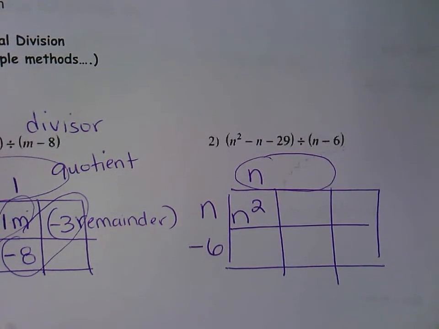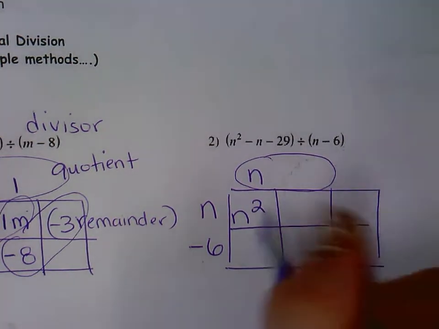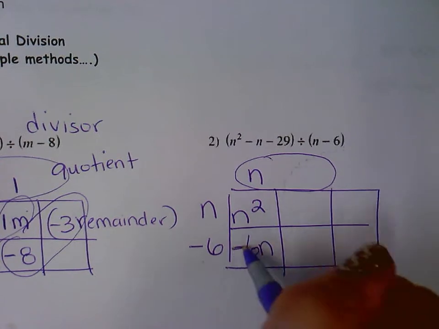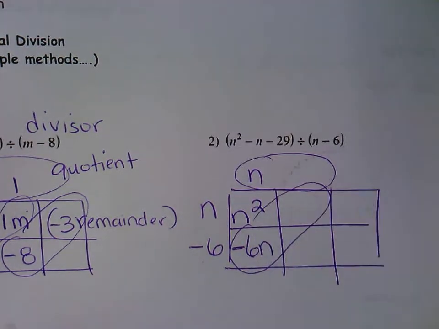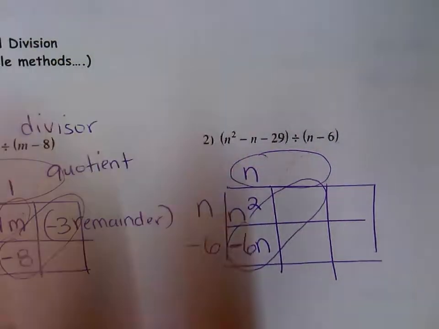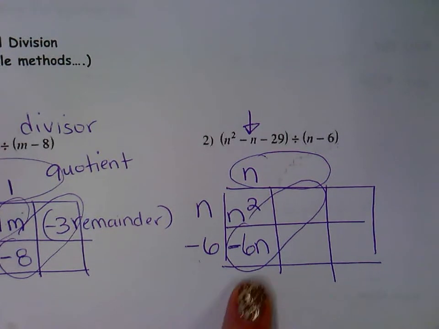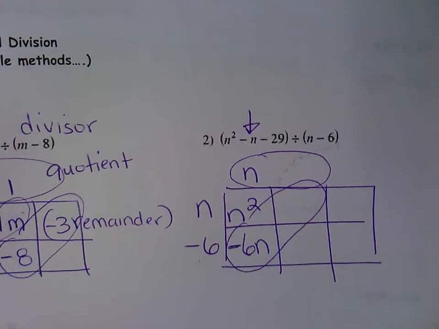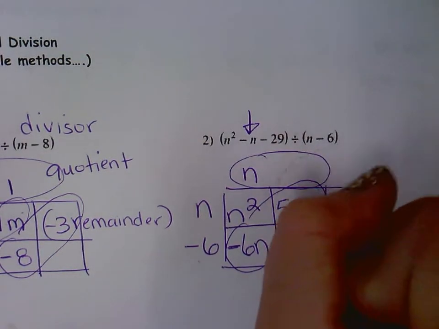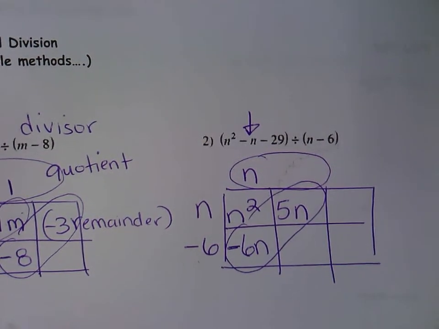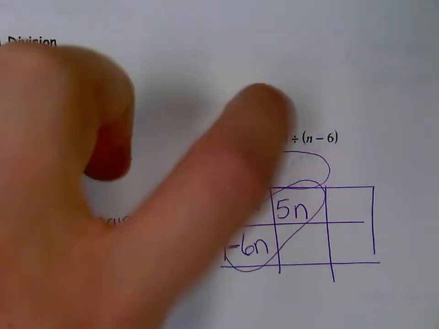What goes in the next box down? N times negative 6 is negative 6n. What has to be its diagonal partner here to get the number of n's that I have in my dividend? I have negative 1n in my dividend. I'm at negative 6n right now. So I would need to add positive 5n back to that, right? If I add these together, they add up to the negative n.